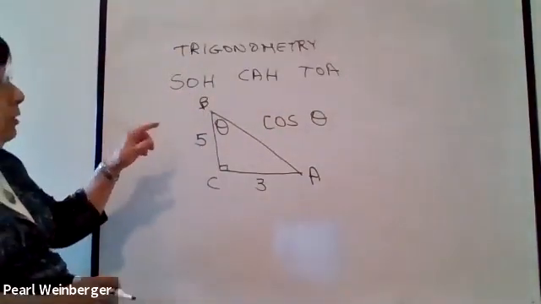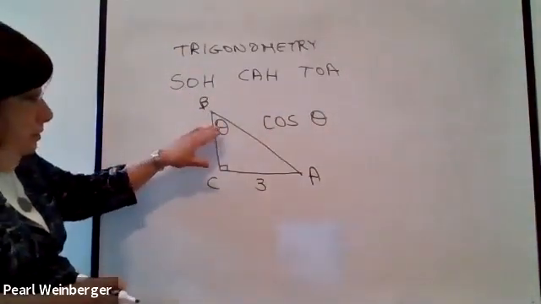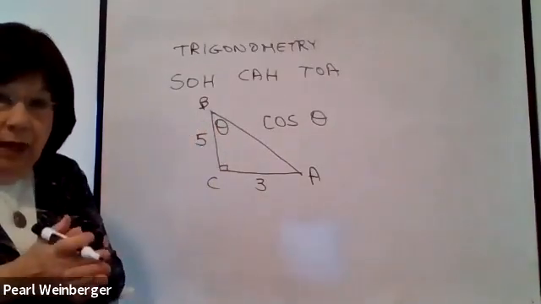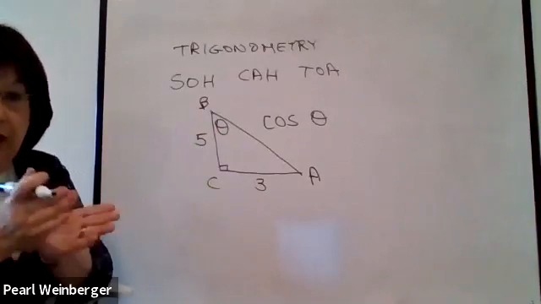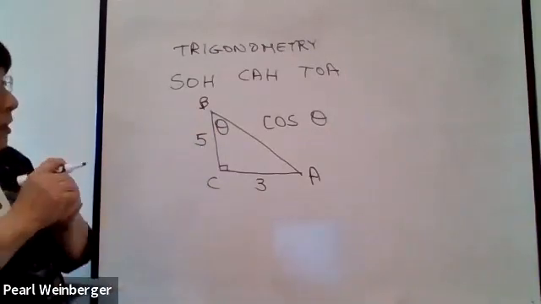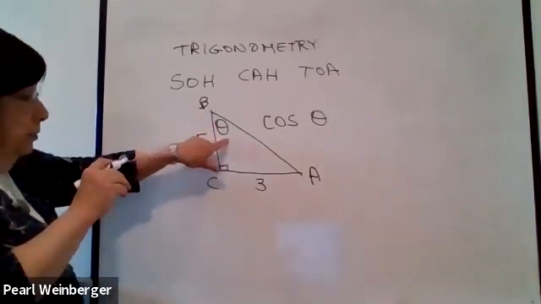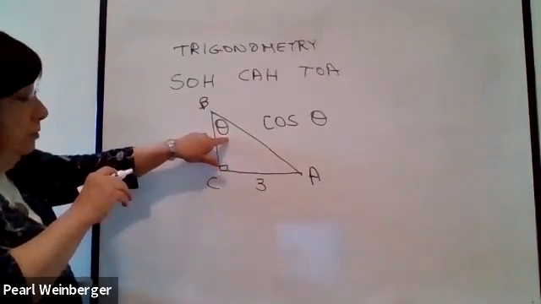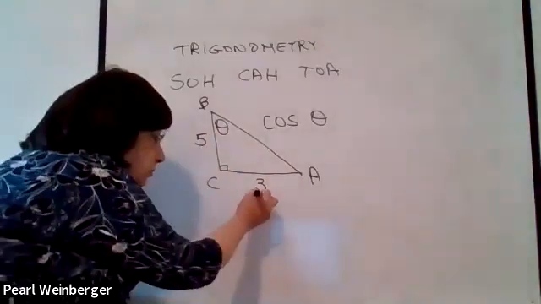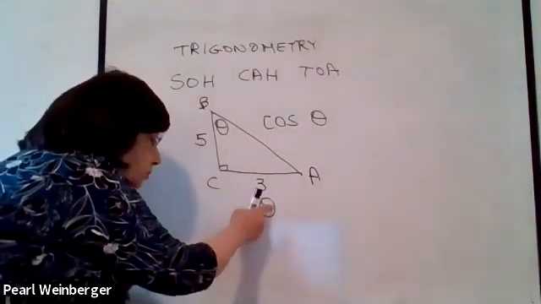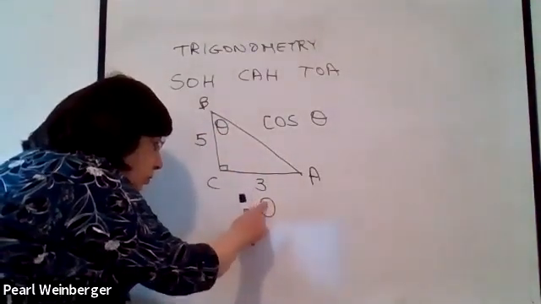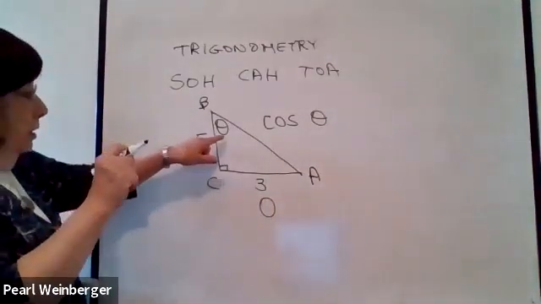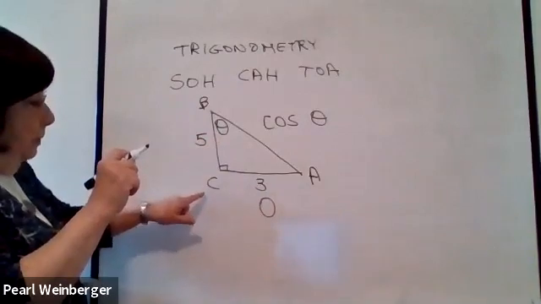Okay. So in order to find this, the first thing I have to do is label my sides: opposite, adjacent, and hypotenuse. Here's my angle. The side that's opposite that angle is this. Here's my opposite. Let's just put a big O. Which is my hypotenuse?